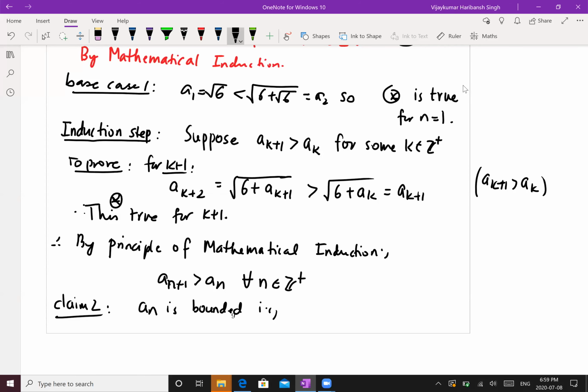That is, we want to show that actually a_n is between these values for all n in Z plus.